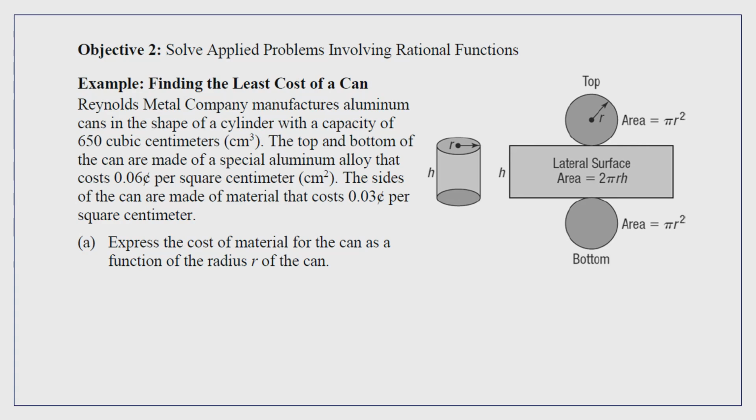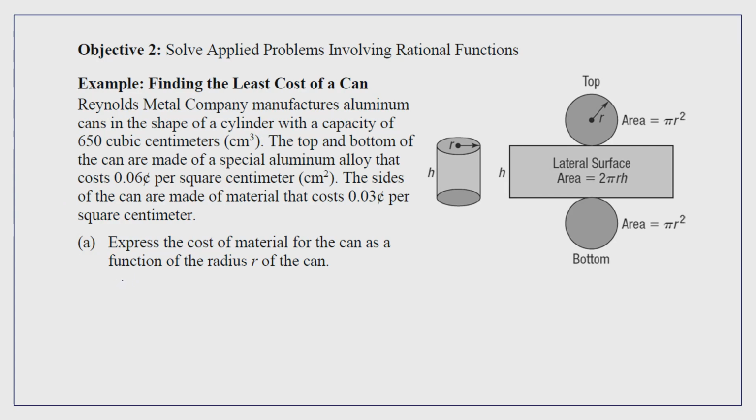So the first thing that we need to do in order to find our expression is to note that the material they're using consists of 2 different types of shapes. We have 2 circles and we have 1 rectangle.